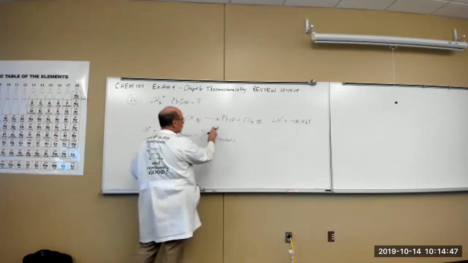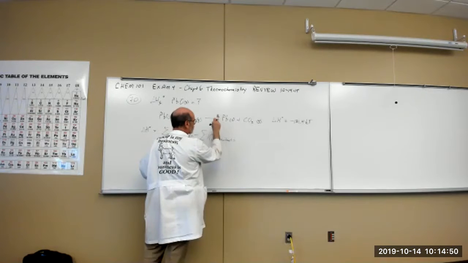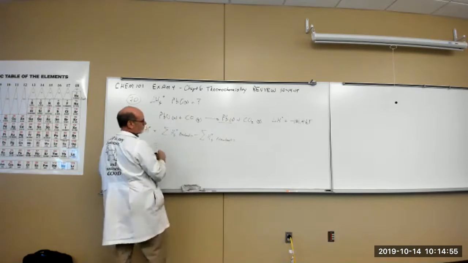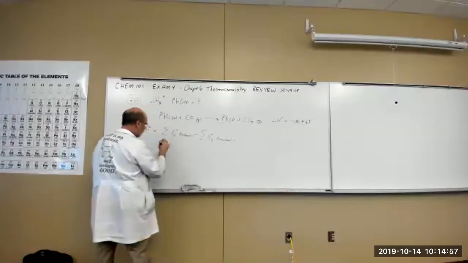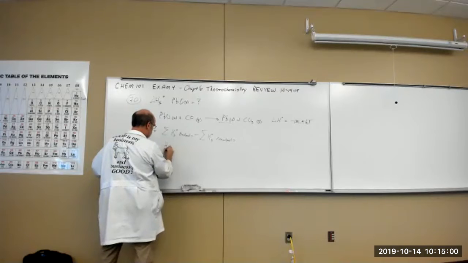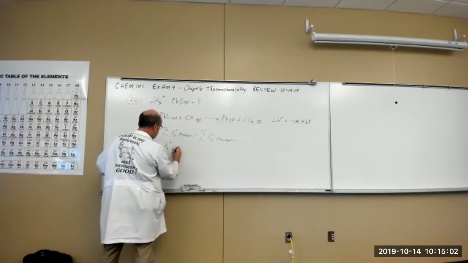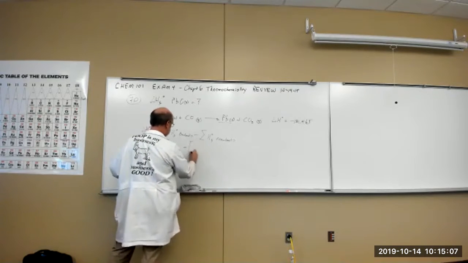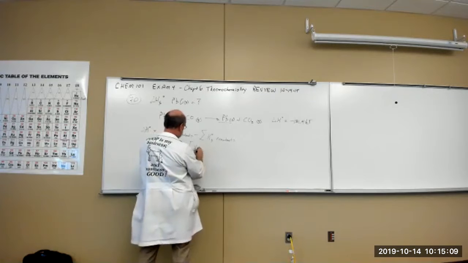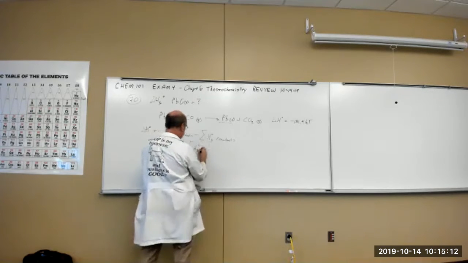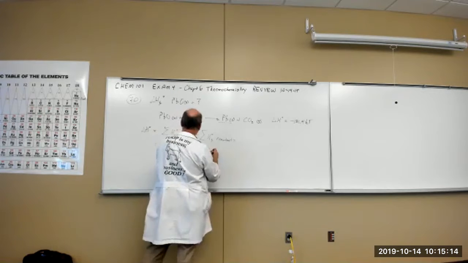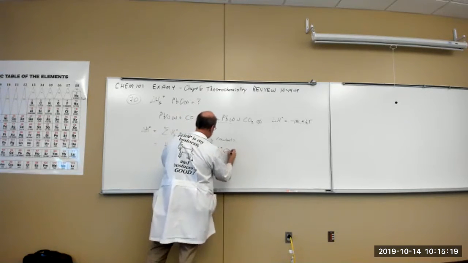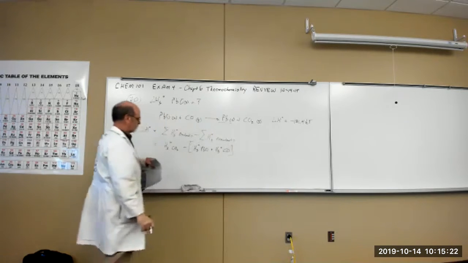So we take the heat of formation of all elements is 0. Right? So that one's out. We don't have to put that one in. So we only need the heat of formation of CO2 and then minus the heat of formation of PbO plus the heat of formation of CO. Okay?